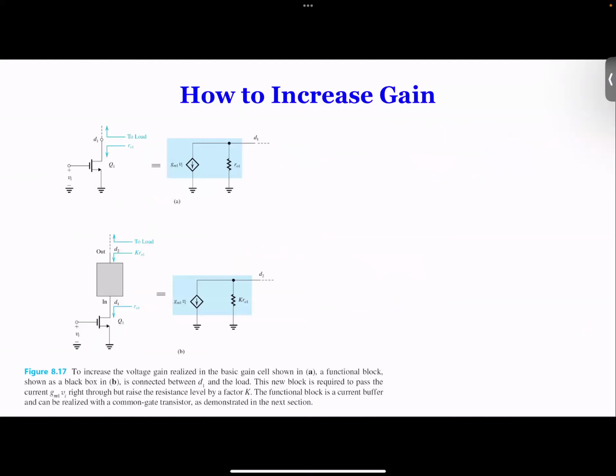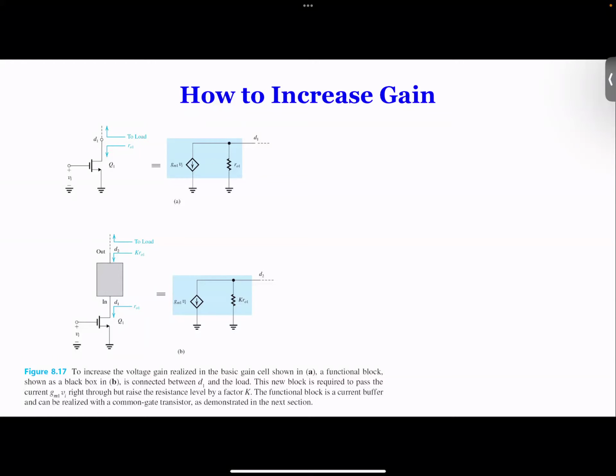Now, you already find that with this top circuit here, if the current source is ideal, the gain is going to be GM1 times R1. But if the current source is not ideal, we reduce the gain basically by half. So if we increase the upper part resistance, we can get the gain to be increased.